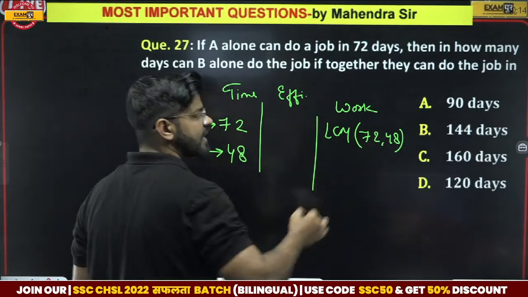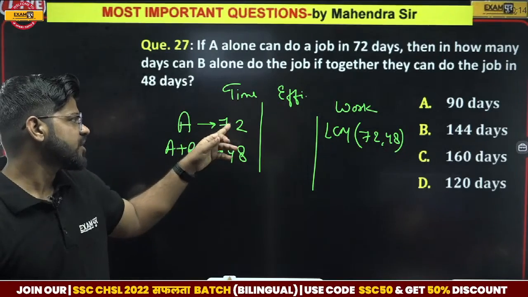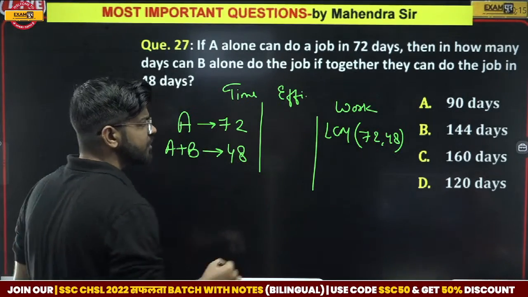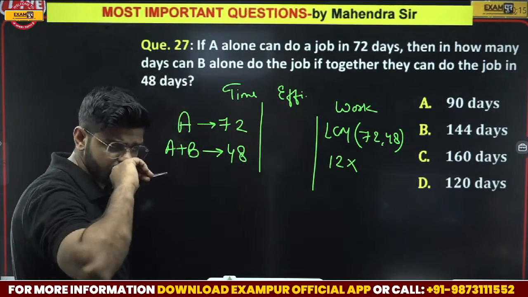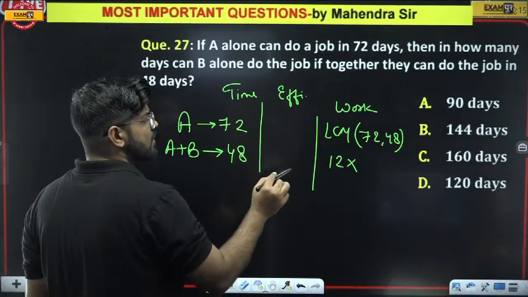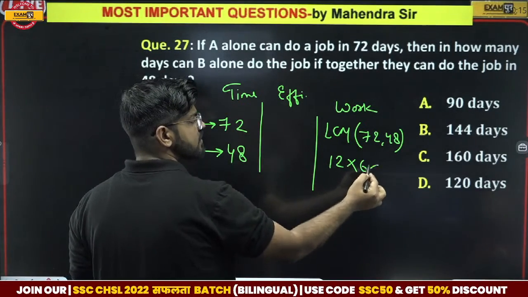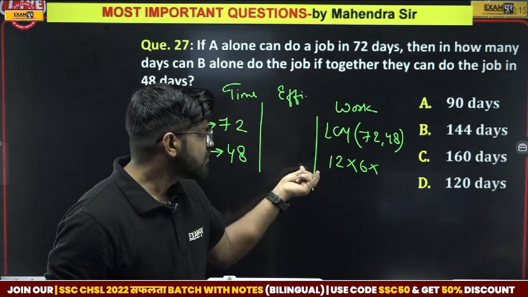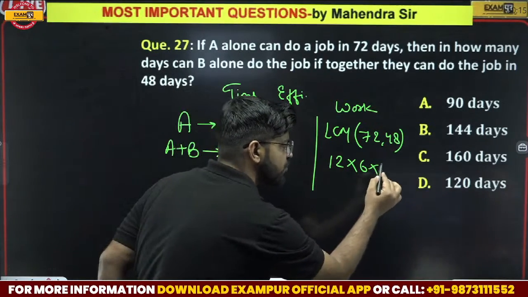How do we calculate the LCM? 144 is my LCM. But for that you can also take the bigger number, that means 12 into 6. Now this is 12 into 4. So we have 12. Now 4 has two 2's. So one 2 is here, but one more 2 we require here.